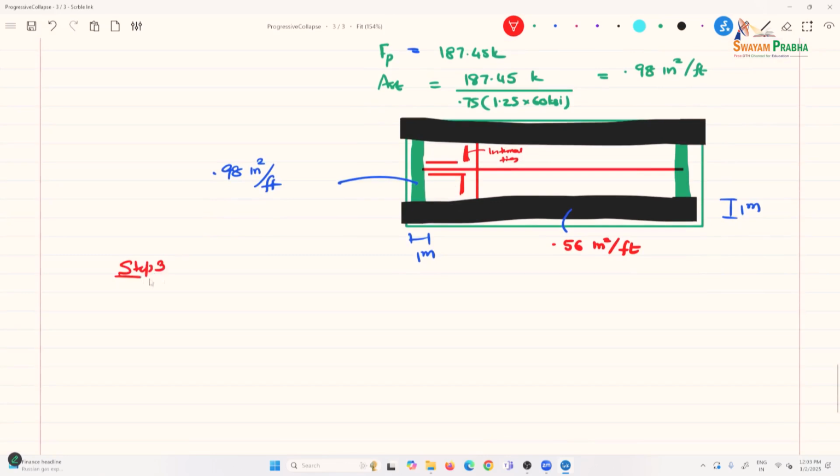Next one is the peripheral ties for openings. There are two types of openings, so we'll look at both of them.